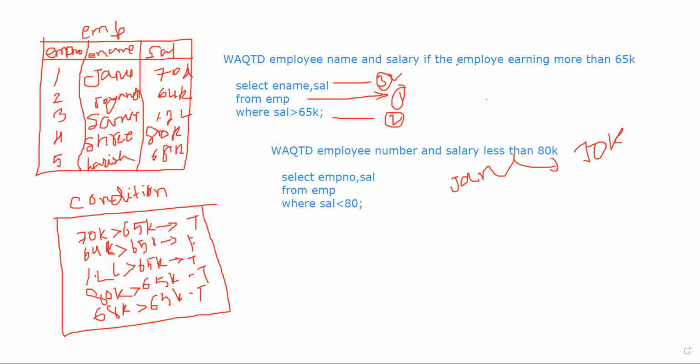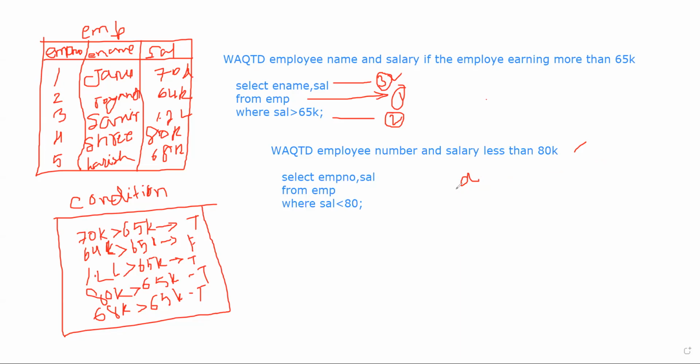Yes, sir, only the number. Employee number 1, 2, 3, 5. 1.7 lakh, 170K, 260K. Employee numbers 1 to 5.